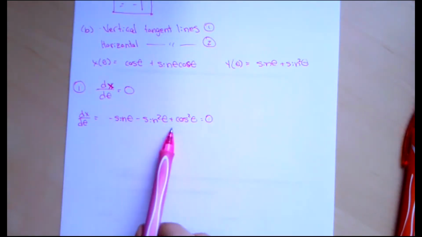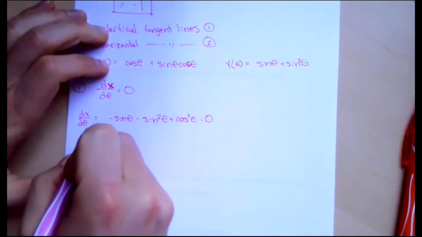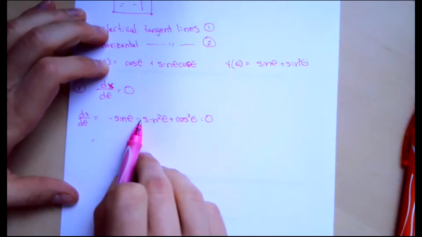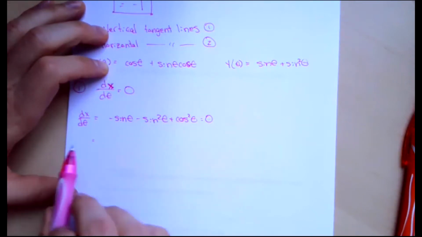We do have some messy derivatives, so how can we solve that? It might be easiest to convert the sines to cosines. We could use a double angle formula, right? If I factor out a negative, I'll get cosine squared minus sine squared, which is cosine of 2 theta.